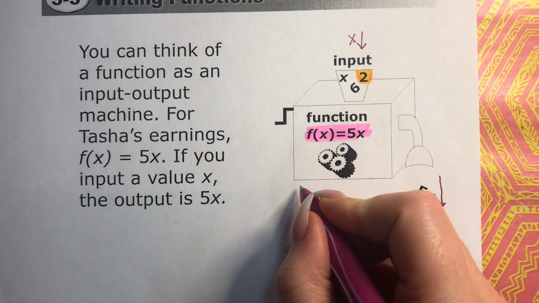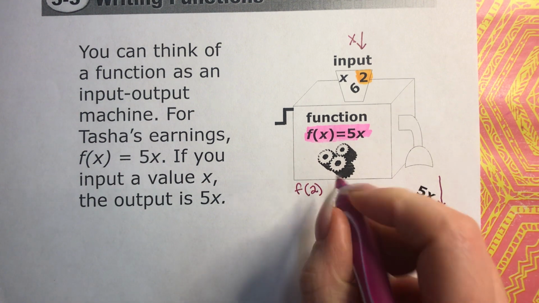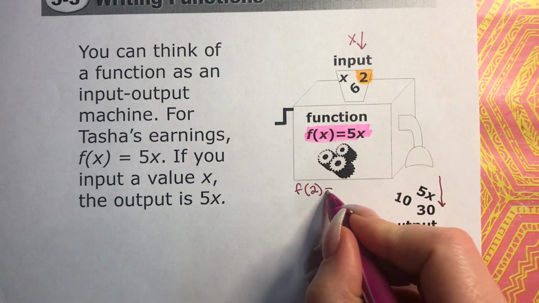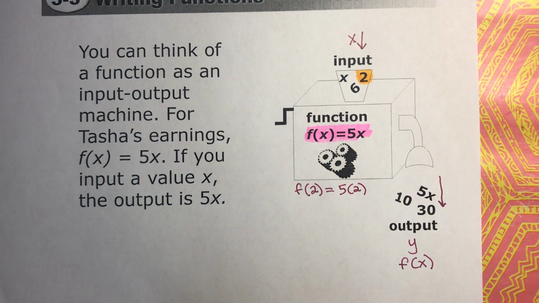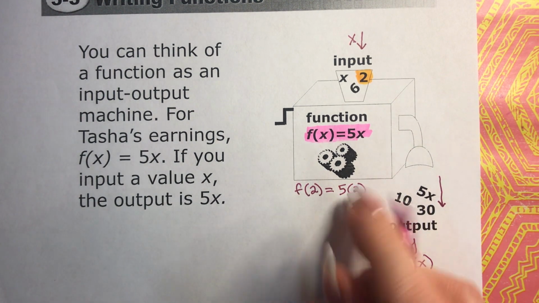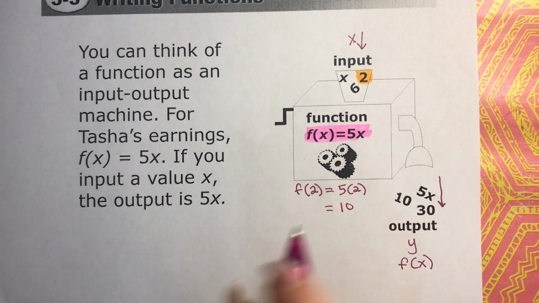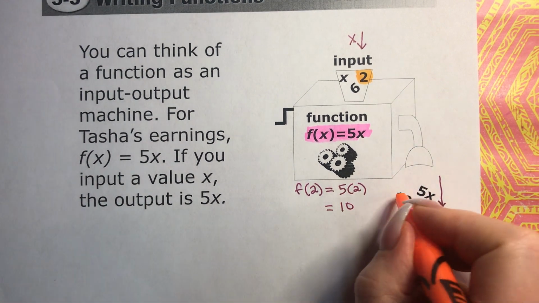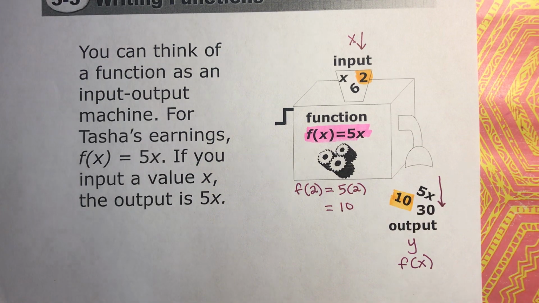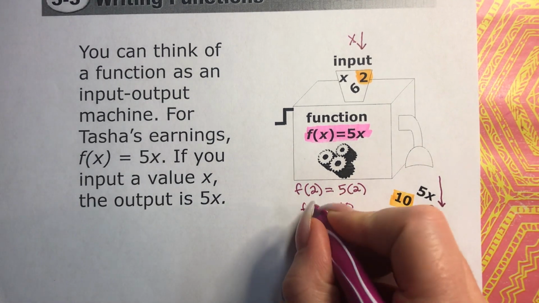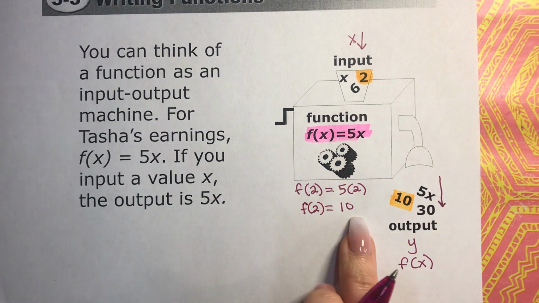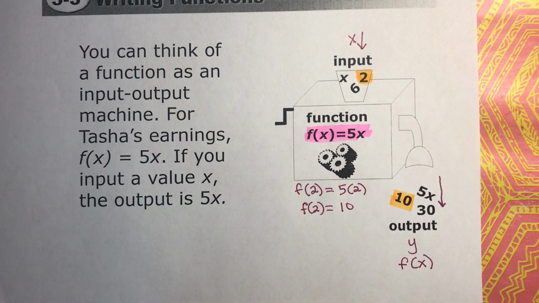So it becomes f of 2, right? 2 goes into the x, and you end up with 5 times 2, which ends up being what comes out? 10. And there's 10 right there. And 10 represents what our f of x value is, or what f of 2 is. f of 2 equals 10.